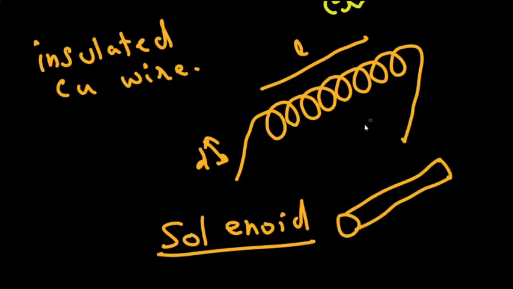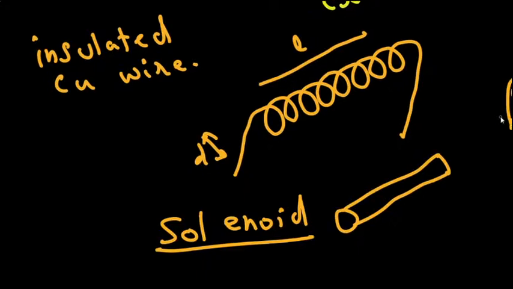Now suppose this was not insulated, I wrap it up like this very closely. Then my current is not going to go in loops. Suppose the current is coming from here, then the current straight away passes to the next circular loop and moves out, which means I wanted it to go in circles, but it is not going in circles.